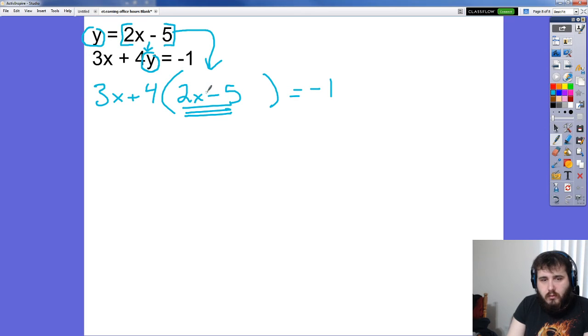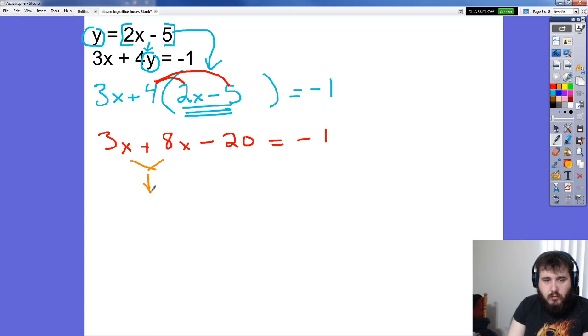So there we go. What am I going to do now? Well, I can distribute, right? Four times 2 is 8. 4 times -5 is -20. And at this point, I can combine my like terms. 3x and 8x is 11x.